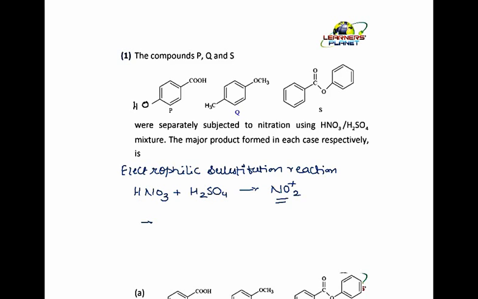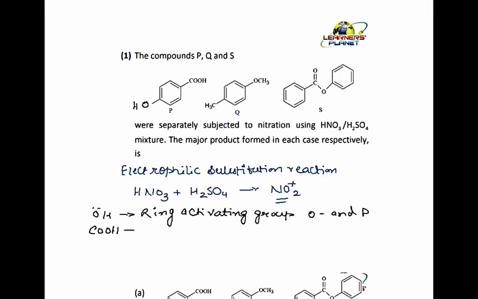So where will you expect your NO2 plus to be? At P, right? So here you will have your NO2 plus, right? That is here. So you have solved your first option. This is the ortho position and this is the meta position for COOH. Your first is solved.